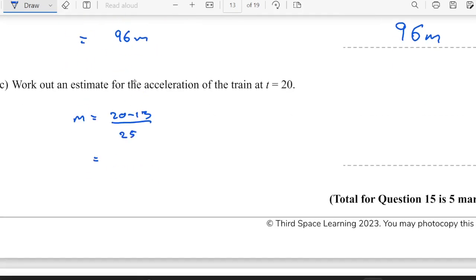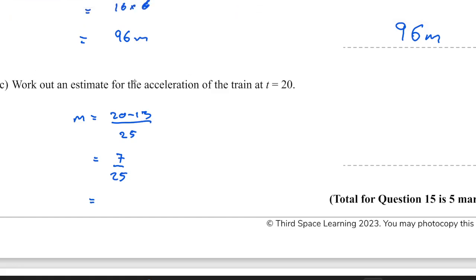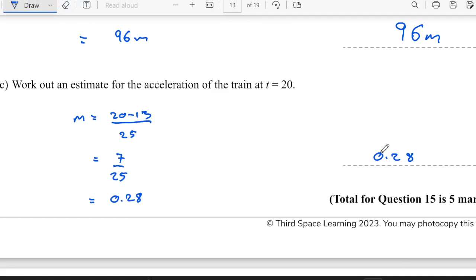For mine, I'm looking at about 7 over 25, which is going to be 0.28, I believe. So I'm going 0.28 for mine, and there'll be a band of error, so anything within about plus or minus 0.02 or 0.03 would be absolutely fine.